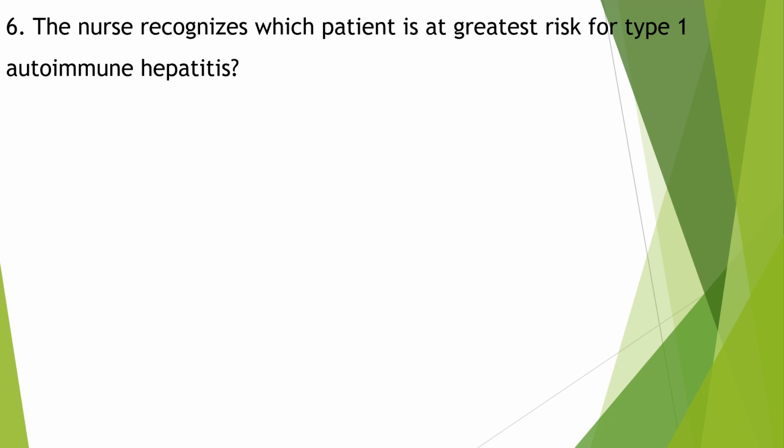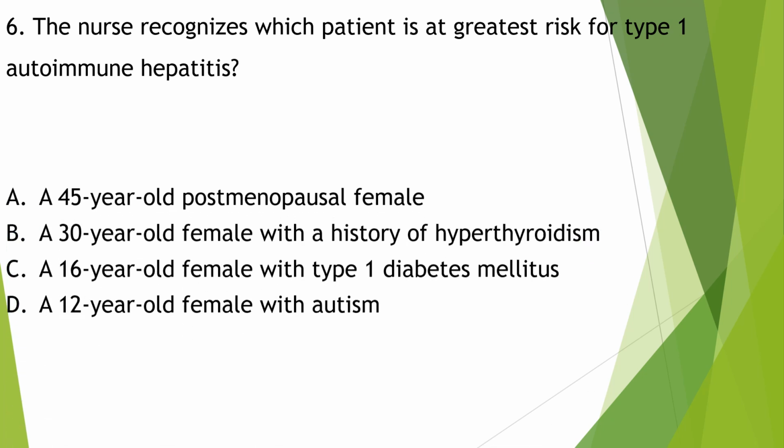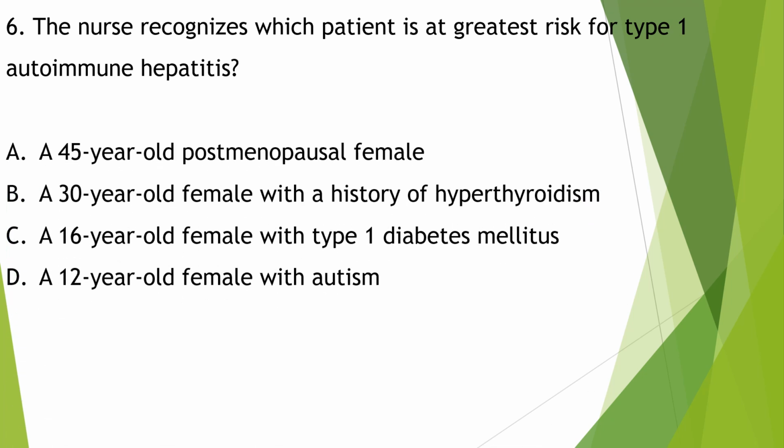The nurse recognizes which patient is at greatest risk for type 1 autoimmune hepatitis: a 45-year-old postmenopausal female, a 30-year-old female with a history of hyperthyroidism, a 16-year-old female with type 1 diabetes mellitus, a 12-year-old female with autism.